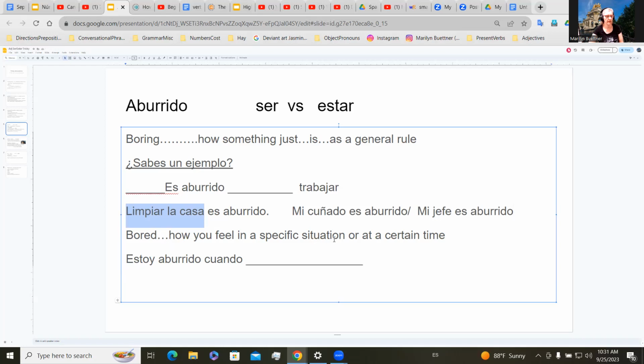Bored, a feeling, a sensation that you have, is always going to be estar. Estoy aburrido cuando, por ejemplo, hay un ejemplo aquí.